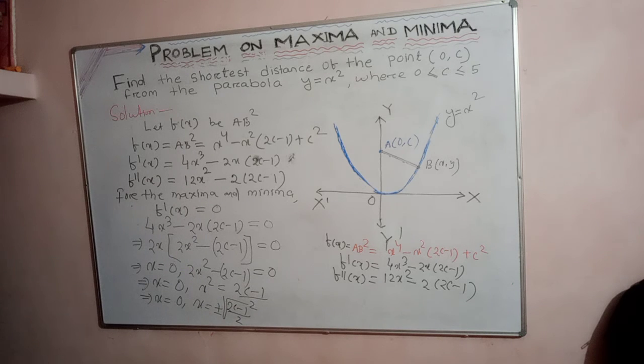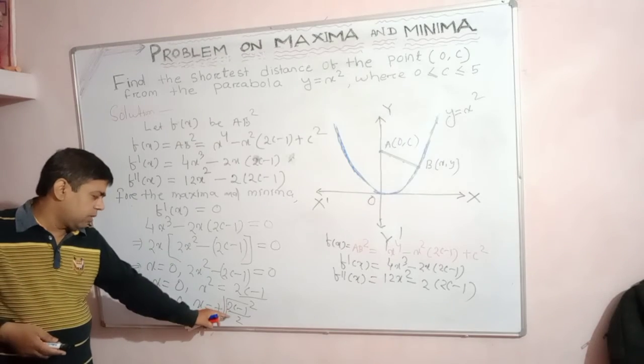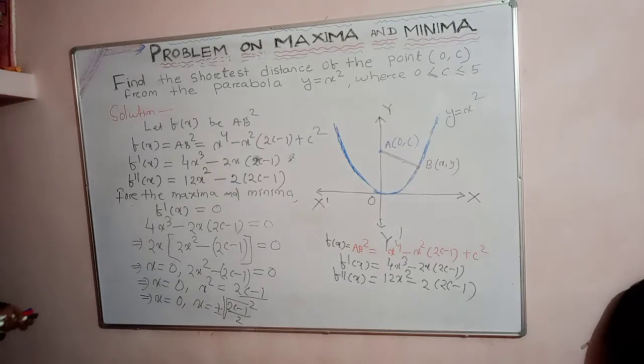Is it clear? So we got the critical points: 0, plus root of (2c minus 1) by 2, and minus root of (2c minus 1) by 2.